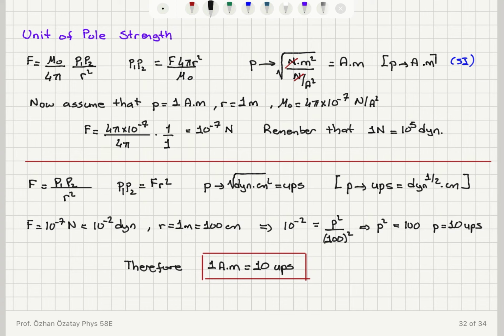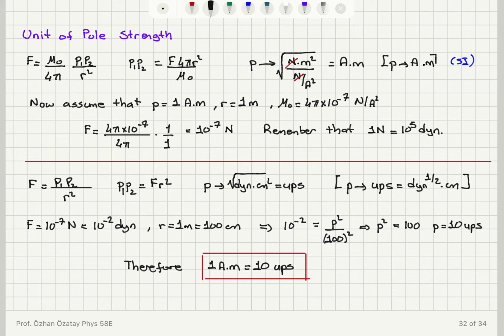If I consider unit pole strength, the torsion balance experiment gives me mu 0 over 4 pi P1 P2 over R squared for the force, which gives a unit of ampere meter for pole strength. And if I assume that I have a pole strength of 1 ampere meter, distance between poles 1 meter, identical poles, and mu 0 is 4 pi 10 to minus 7 newtons per ampere squared, the force should be 10 to minus 7 newtons. Because 1 newton is 10 to 5 dynes, that is 10 to minus 2 dynes in CGS units.